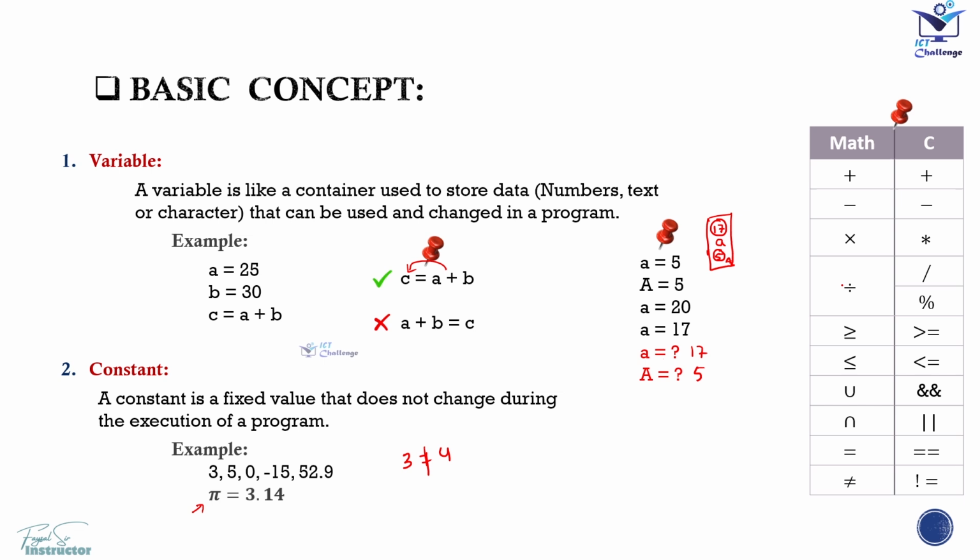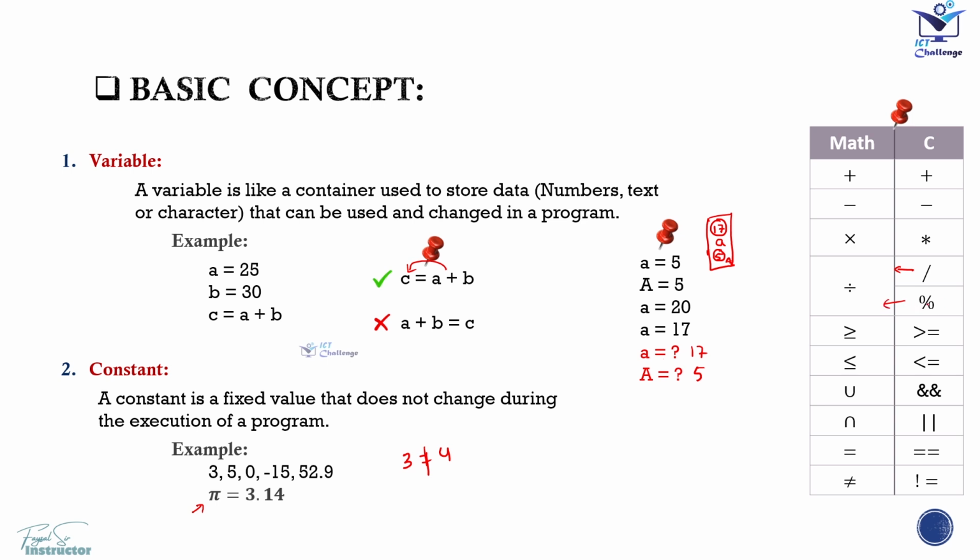Now in mathematics we have this division sign, and here in C programming we have two different signs to represent division. Here this is called the quotient, which indicates the result of the division. After that we have this percent sign. This is called the remainder.